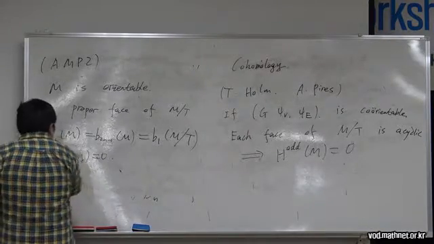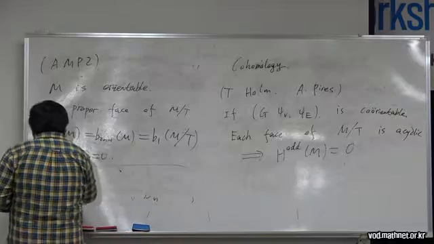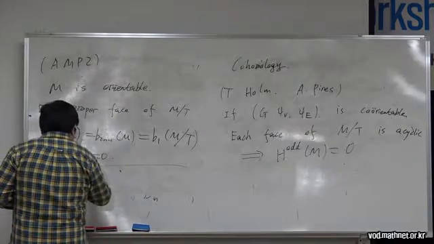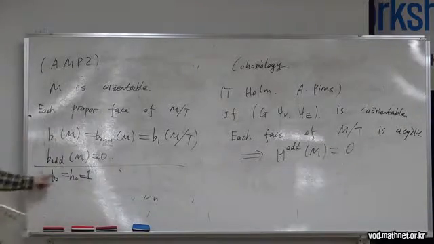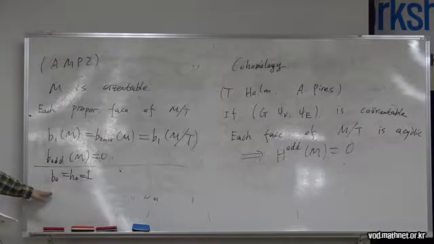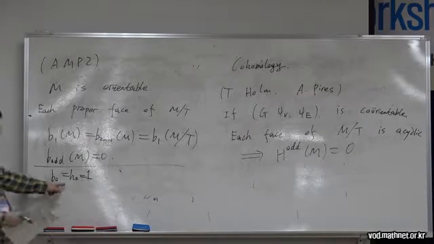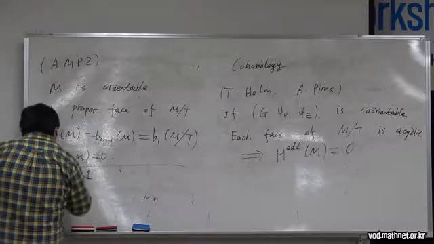And for the even degree part, we can describe it by the h-vectors. That is, B0 equals H0.